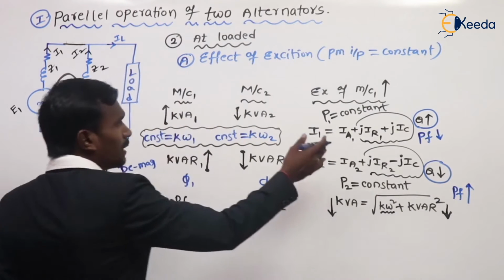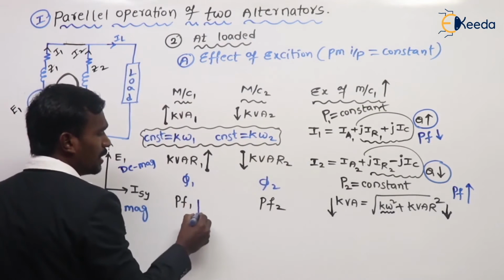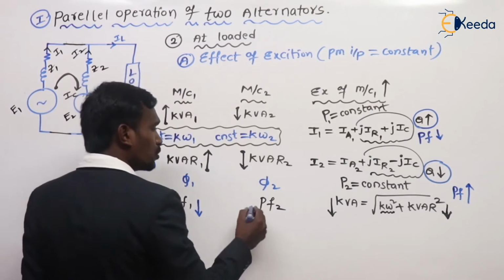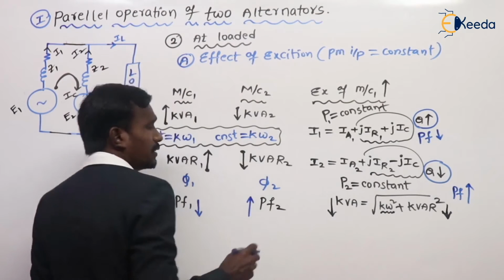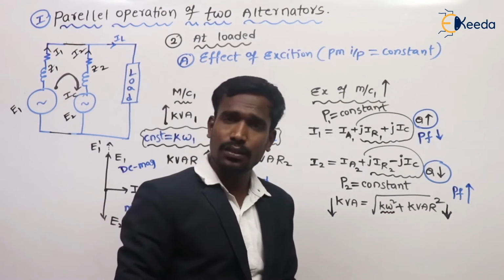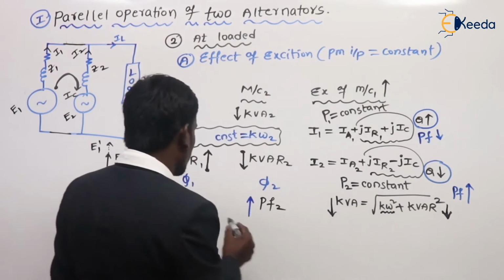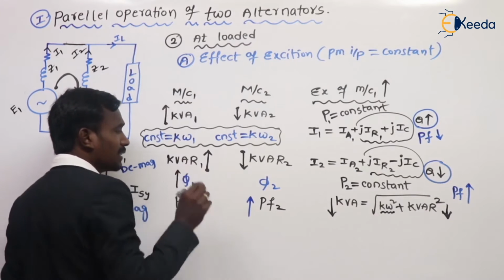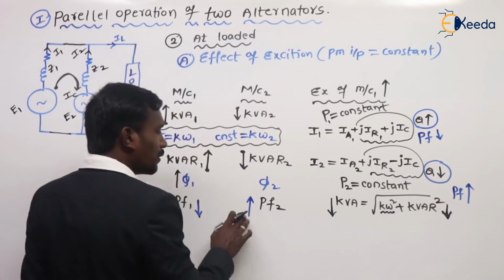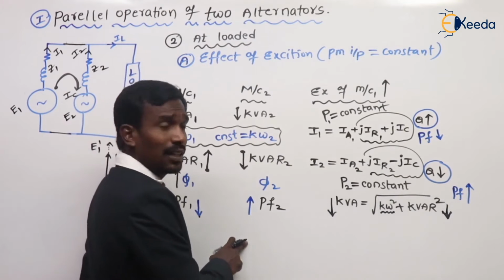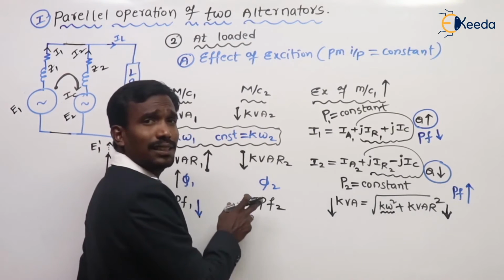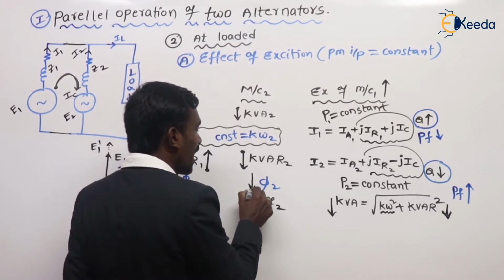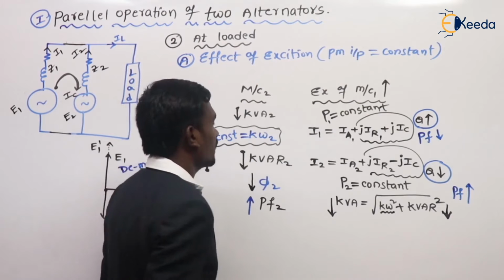So tell me, what happened to power factor of the machine 1? The machine 1 power factor decreases and the machine 2 power factor increases. It depends on the reactive component. When the power factor is decreasing, its power factor angle is increasing. When the power factor is increasing, its angle is decreasing. When angle decreases, power factor increases.